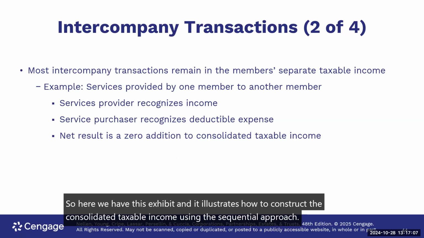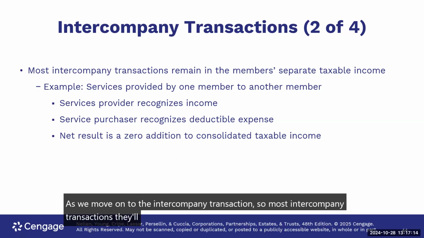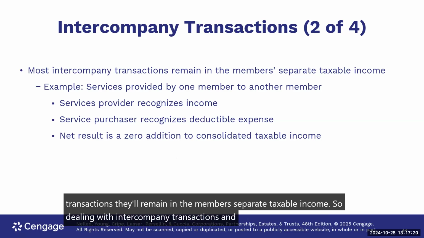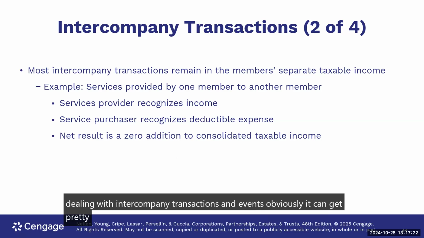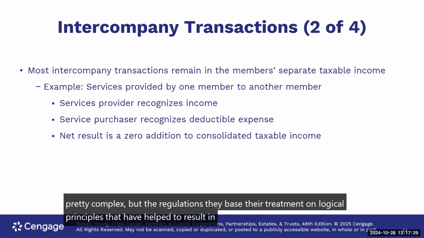As we move on to the intercompany transactions, most intercompany transactions will remain in the members' separate taxable income. Dealing with intercompany transactions and events can get pretty complex, but the regulations base their treatment on logical principles that result in three different types of intercompany transactions.